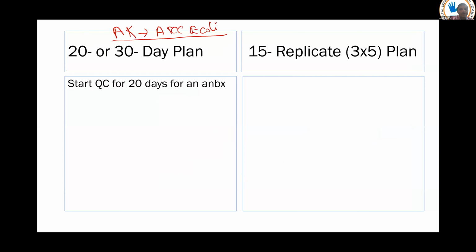Your lab was doing this test on a daily basis earlier. Now your patient load is more, so you want to jump to a weekly plan. So what you have to do is you start putting the QC, the amikacin E. coli QC. You have to test daily for 20 days.